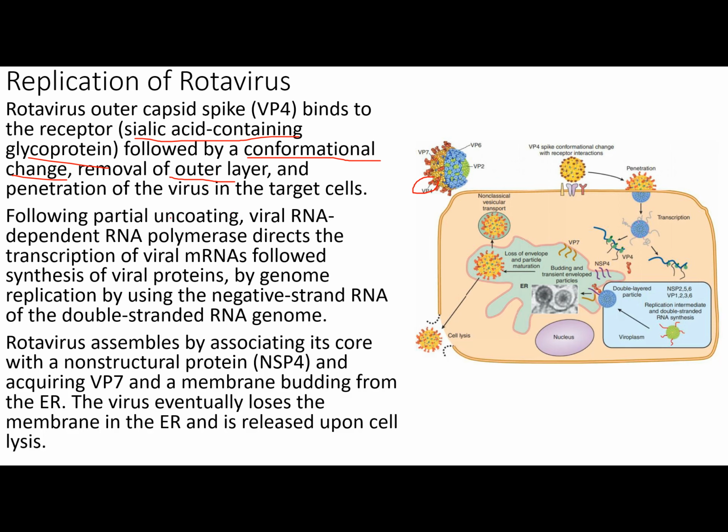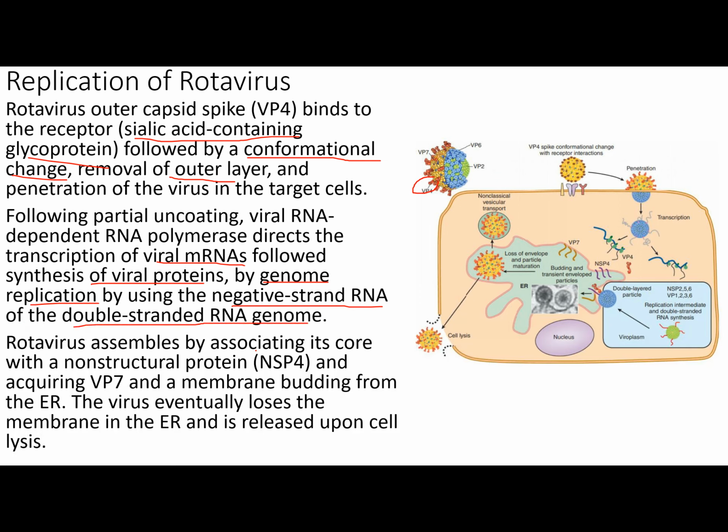Now, inside the target cell, class, it would uncoat. So it uncoats, its capsid is removed. Then, viral RNA-dependent RNA polymerase directs the transcription of viral messenger RNA, followed by synthesis of viral protein, and by genome replication, using the negative strand RNA of the double-stranded RNA genome.